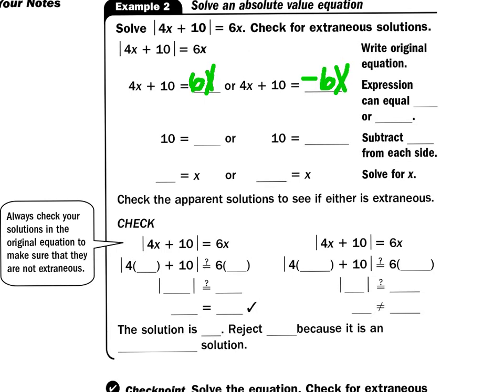Then I'm going to subtract 4x from both sides to get 10 equals 2x, which we know will be 5.